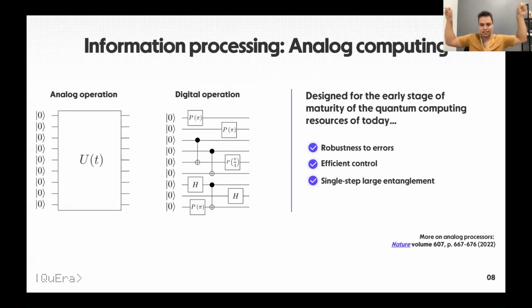I don't know if you're from the Predator time, but it has lots of hairs coming out, right? So that's something that is complicated. If you want to control every single qubit individually, you need efficient control channels. And this allows you to do single-step entanglement. So at once you entangle a lot of qubits and you can prepare quantum states very well.